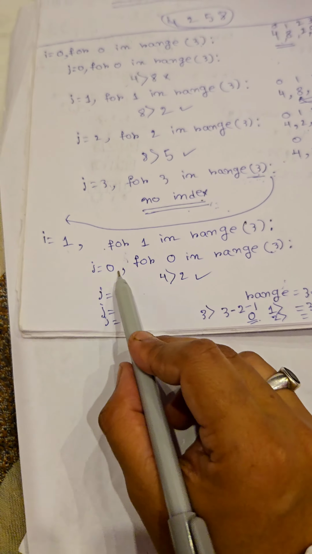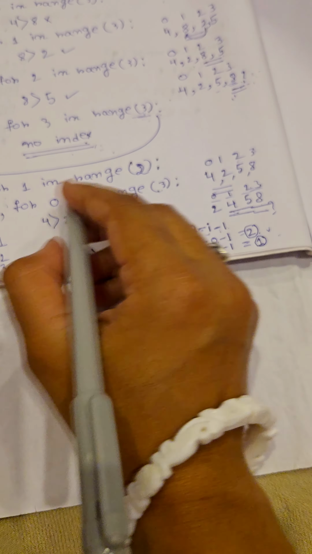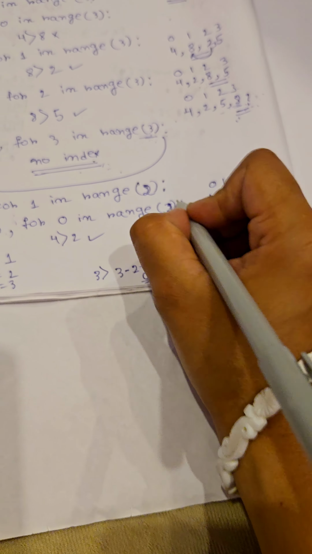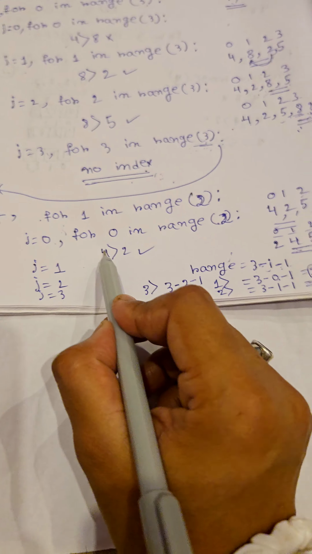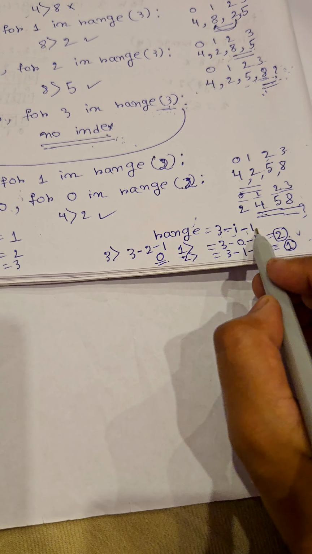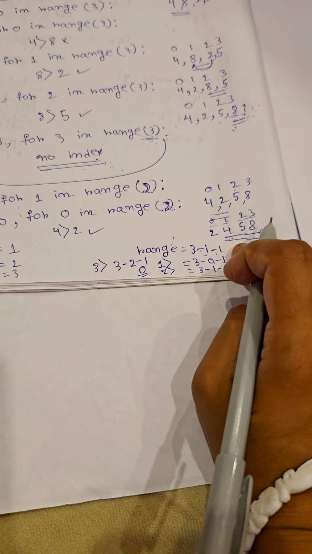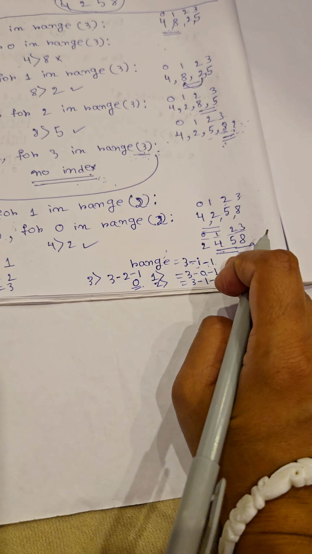So for j equal to 0, and here the first time i equals 1, so j equals 0 and it will check indices 0 and 1. Yes, 4 and 2, yes, it will swap, and we get the result 2 4 5 8. So we are getting the expected result here.